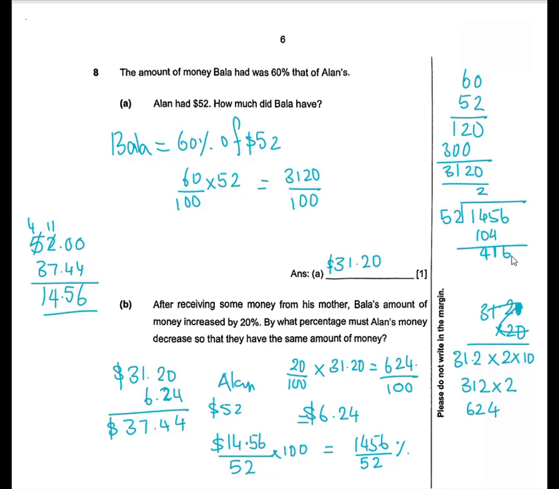And 52 times what will give me 6? See, the ending number is 6. I'm just looking for probably a good whole number, not a decimal. So if I do it with 3, I will get 3 times 2 is 6, right? But 3 is too small because 3 times 50 is 150. I need 4 here.